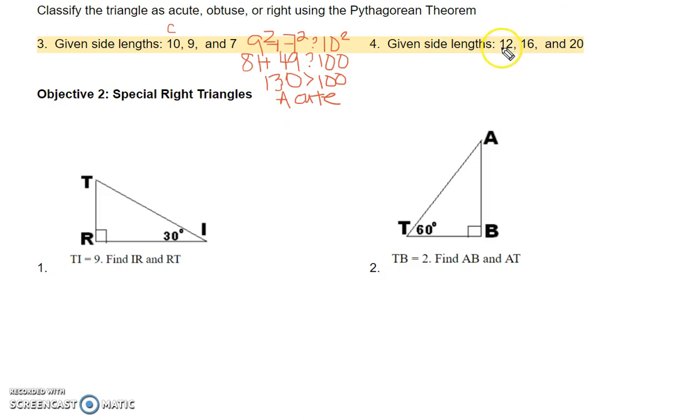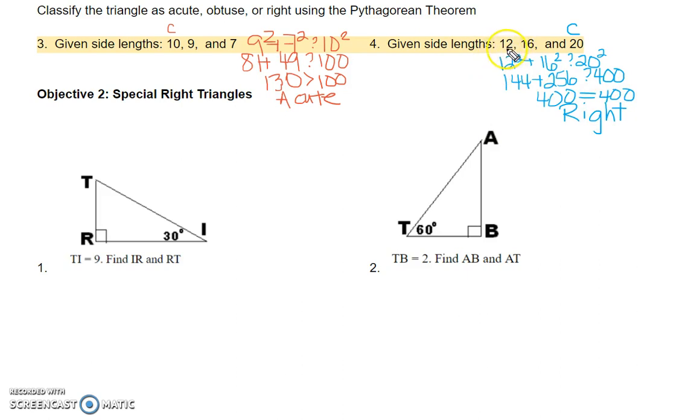Number 4, I want to identify my C side. That's going to be 20. It's always the longest side. So I'm going to, again, use Pythagorean Theorem. 12 squared plus 16 squared, and I want to compare that to 20 squared. 12 squared is 144, 16 squared is 256, and I want to compare that to 20 squared, which is 400. 144 plus 256 is 400, so that means they are equal to one another, and that makes it a right triangle.